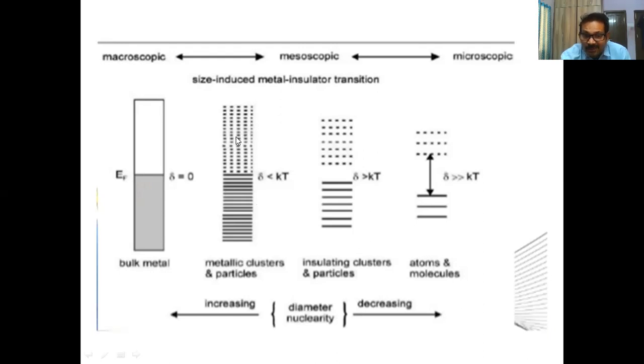Vacant sites will also normally be seen in the valency band because it's not completely filled. It is almost filled, but small energy gaps will be there. So the gap is increasing between the conduction band and the valency band.